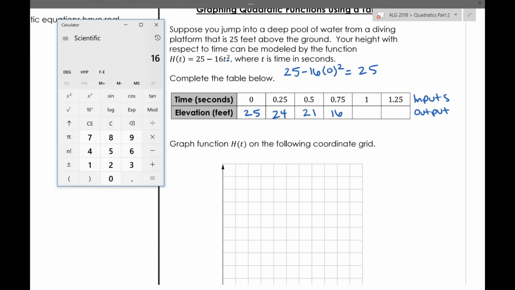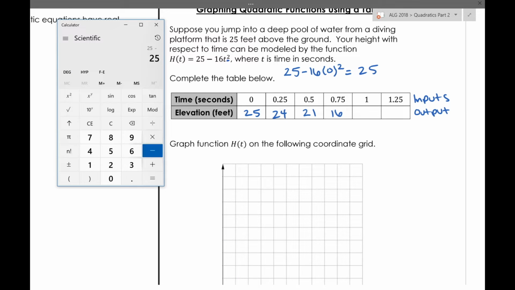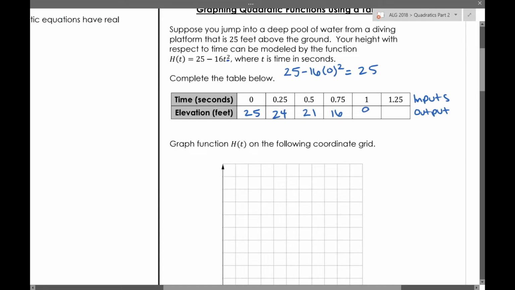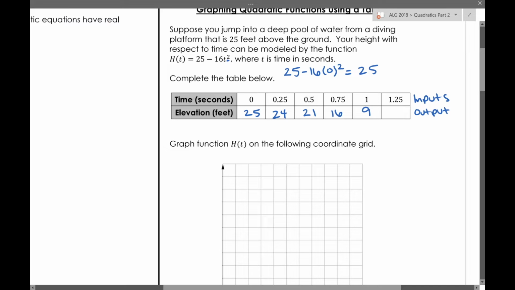Now I have 1, so it's going to be 25 minus 16 times 1 squared, which is 9. And the last one, 25 minus 16 times 1.25 squared. That answer is 0. So again, it's not a hard thing. All you have to do is use your calculator and you'll figure out what to do from there.